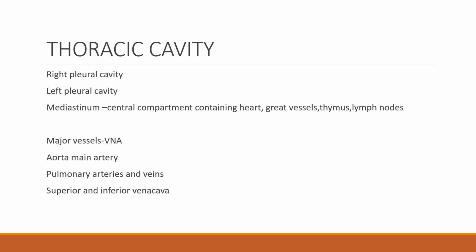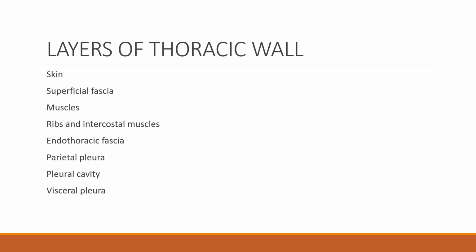We also have the major vessels or circulation now in the thorax. Veins, nerves, arteries. Aorta is the main artery here. Pulmonary arteries and veins also are present. Superior and inferior vena cava also are comprised.